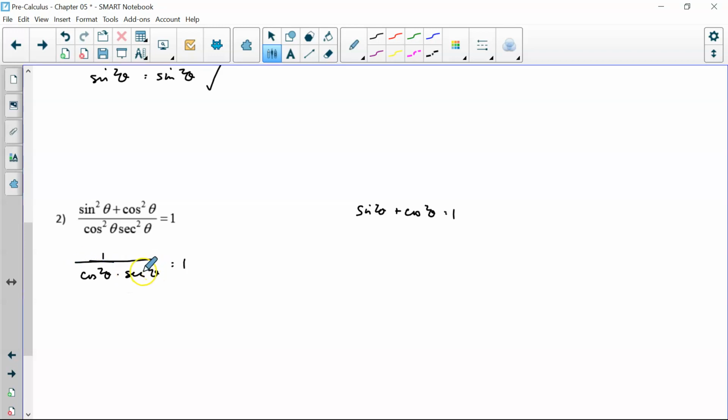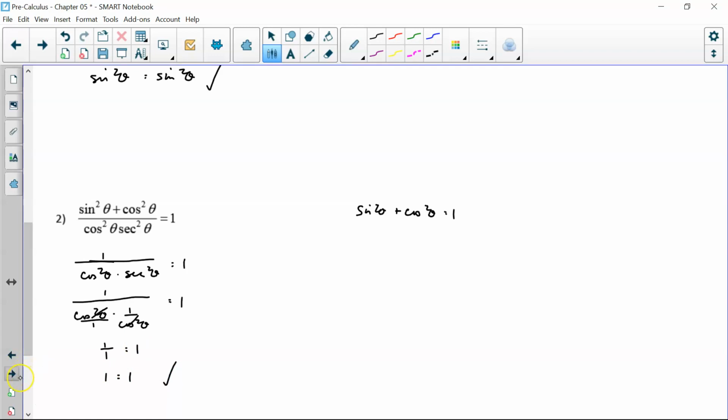Now, looking at that denominator, secant squared is the same as 1 over cosine squared. So it's 1 over the cosine squared theta times, instead of writing secant, 1 over the cosine squared theta equals 1. Now if you look in that denominator, that's cosine squared over 1 times 1 over cosine squared. Those cosines cancel, so we're left with just 1 over 1. So 1 equals 1. We just verified that identity.